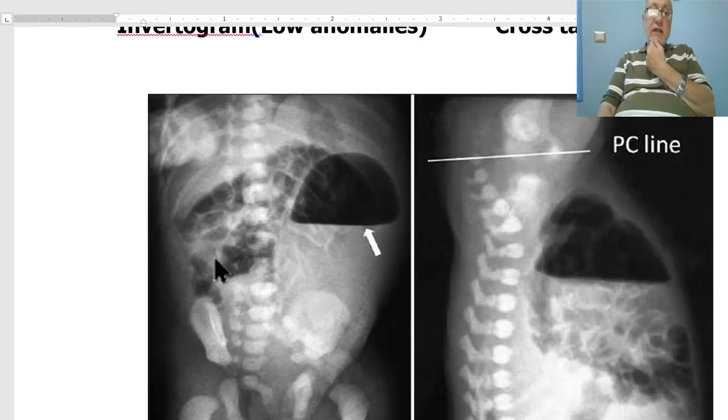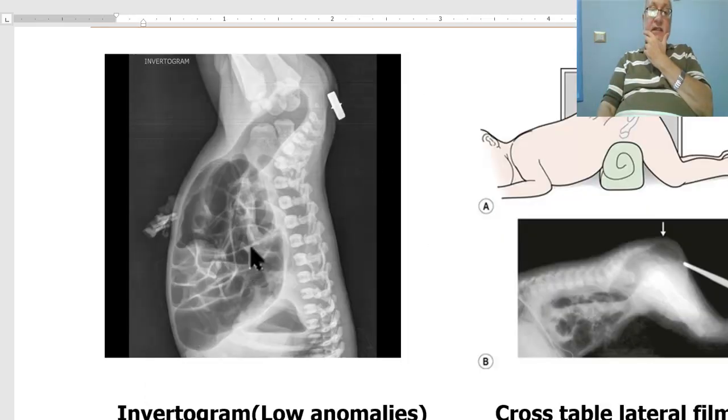In addition to plain X-ray, which will show the dilated loops of intestine, it is very important also to measure the bowel skin distance, which is the distance between the coin on the skin and the bowel air at the end of the bowel.